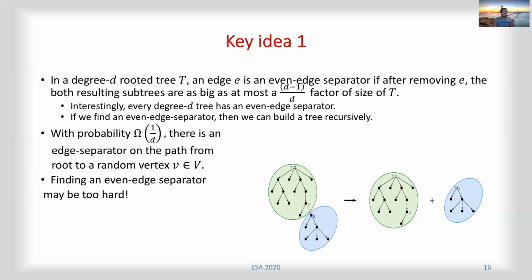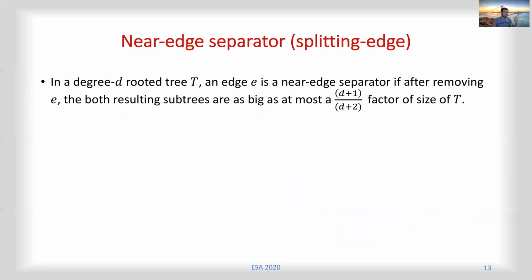But finding an even edge separator may be too hard because it may require finding the exact number of descendants. Instead, we find a near edge separator.